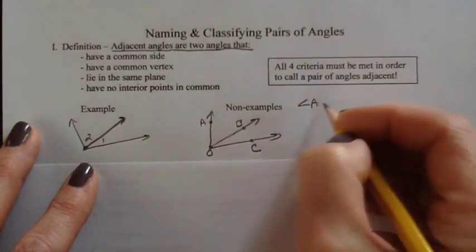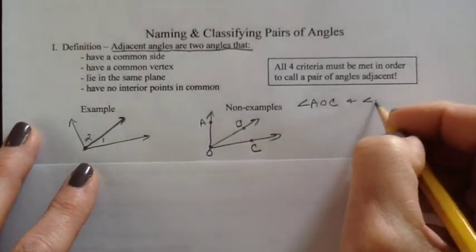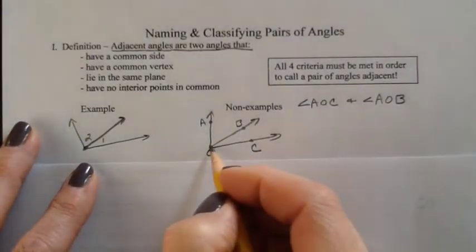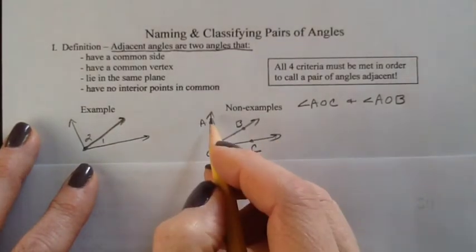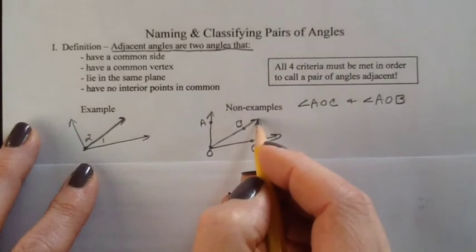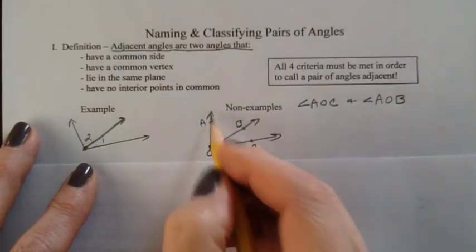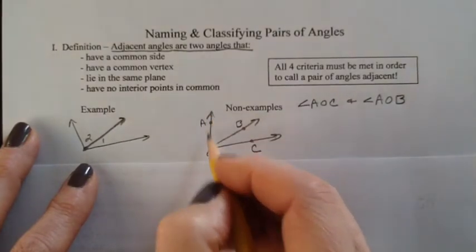Angle AOC and angle AOB. They have a common side, OC. Here's AOC, and here's AOB. So they have a common side, OA. I said OC before, that was a mistake. They have a common side, OA, right here.